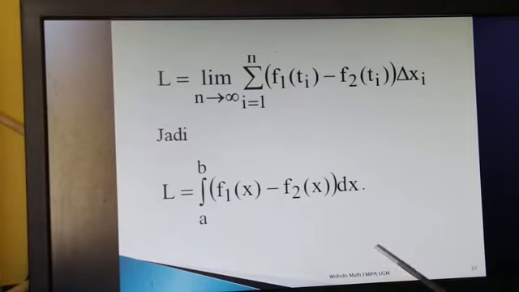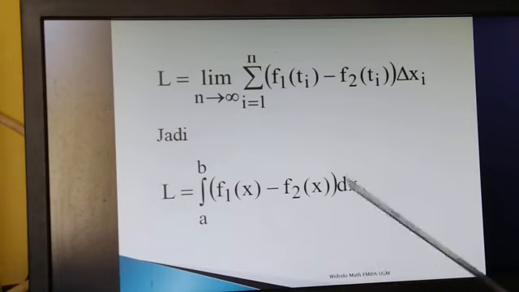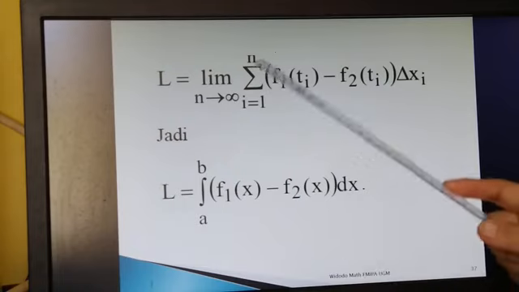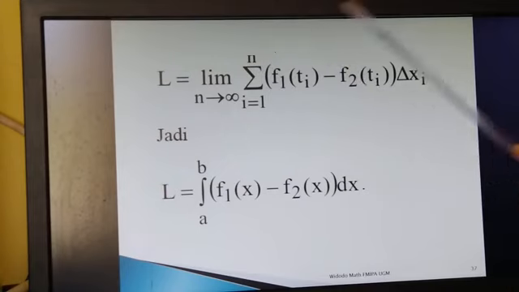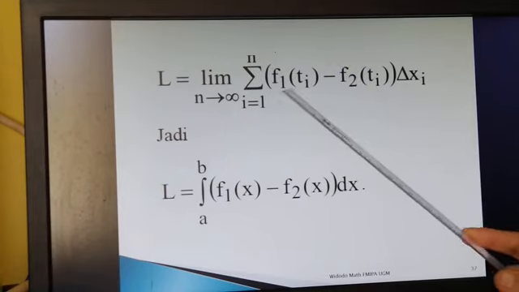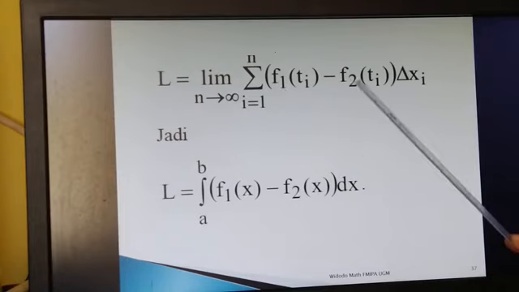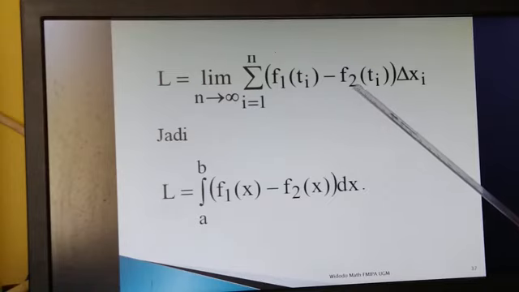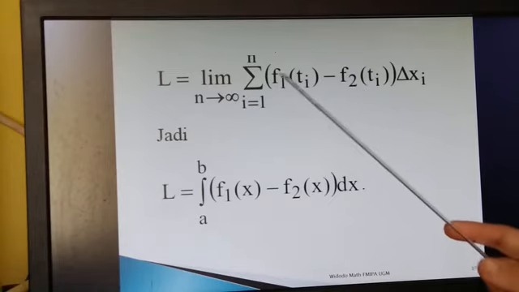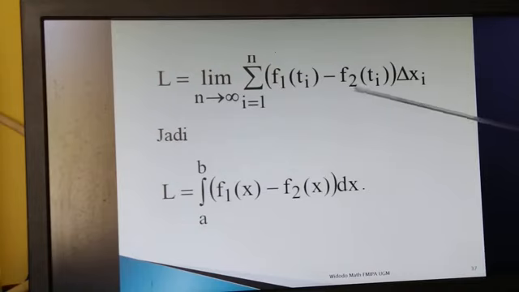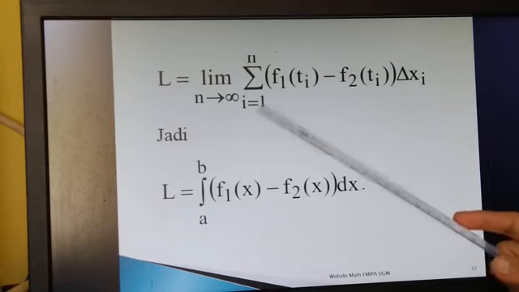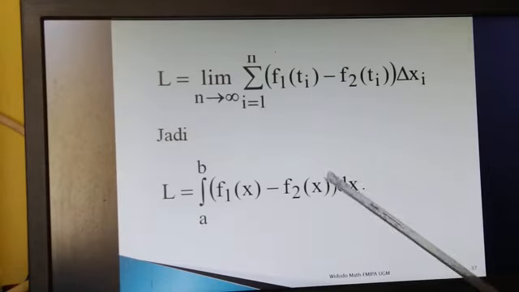Just by using the same partition P: x0, x1, x2 until xn, we can make this sigma as the element of area, because f1 is the above function and f2 is the below function, so the sigma is above minus below: f1(ti) minus f2(ti) times delta xi, from i = 1 until n, and then take the limit.